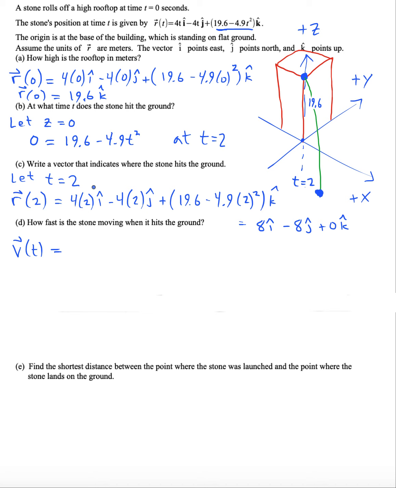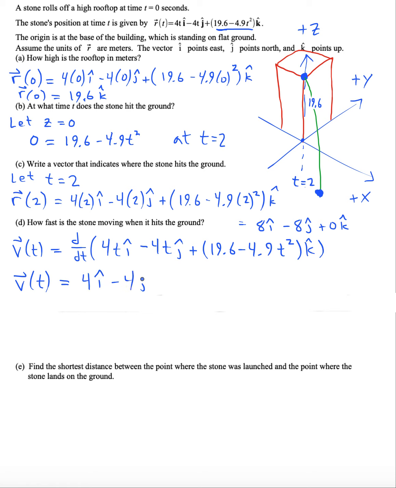All right, so our velocity function, take the derivative of the position function, which is 4t i minus 4t j plus (19.6 minus 4.9 t squared) k. All right, we want to take that first derivative. And let's see, we're going to get 4i minus 4j minus 9.8t k.